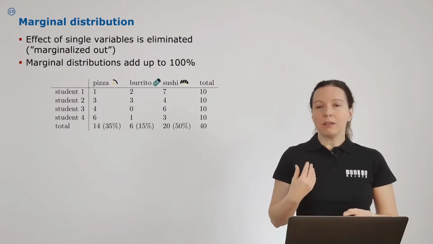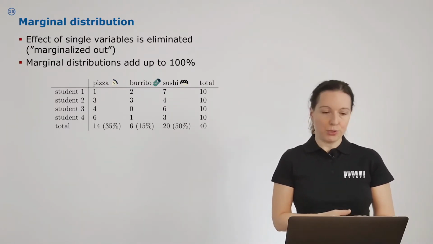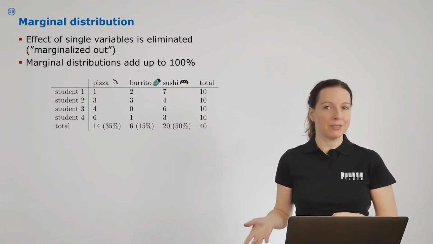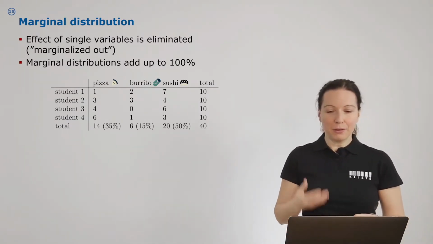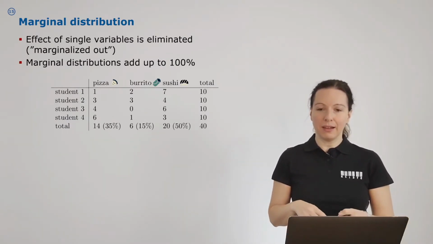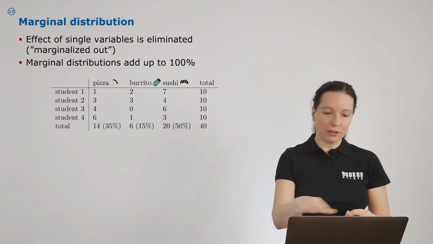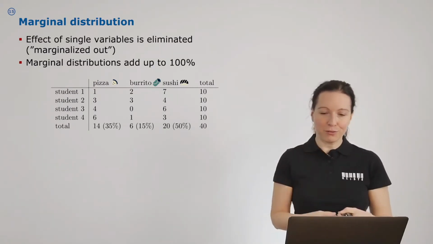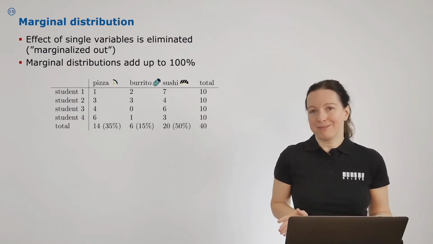To see what a marginal effect is, let's have a look at what a marginal distribution is. Imagine you want to order food after the lecture, after you listen to this, but you only want to order food for the whole group. So I assume you're a whole group sitting in front of the monitor or in front of your smartphone watching this, and you want to order food after this.